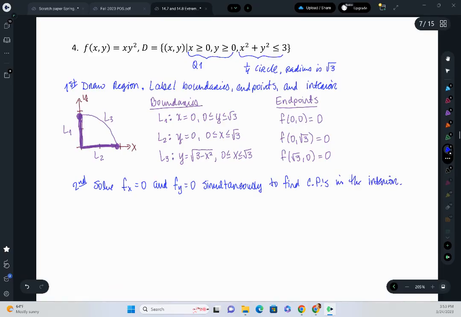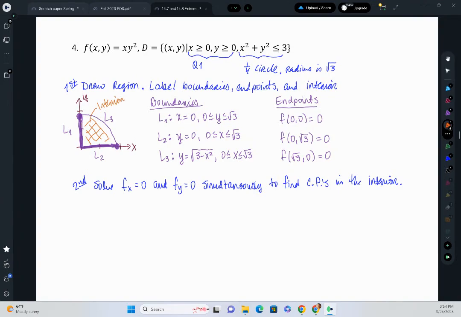And what is the interior? Well, that's this region inside the quarter circle, not on it, but just inside. So if we find a point and it's inside, not on the boundary, not outside, then we'll keep it. If it's on the boundary or outside, we'll throw it away.